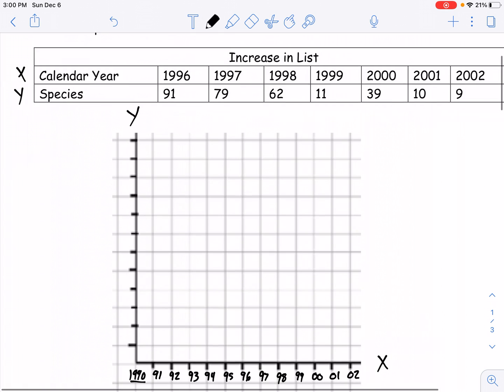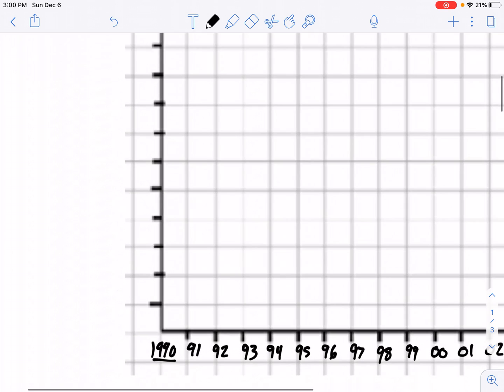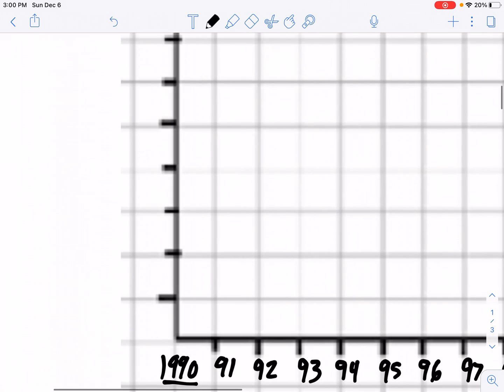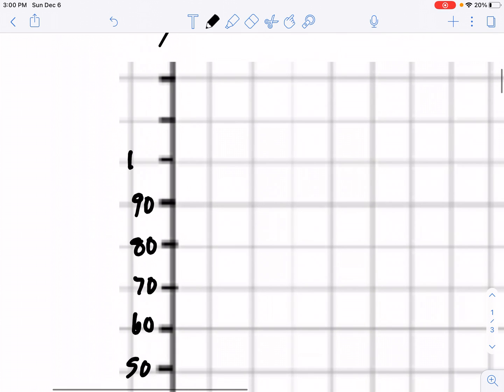And then with species, we're going anywhere from, it looks like, 9 to 91, so maybe counting by tens would be good values for our y-axis. So we're going from 0, 10, 20, 30, 40, 50, 60, 70, 80, 90, and 100.